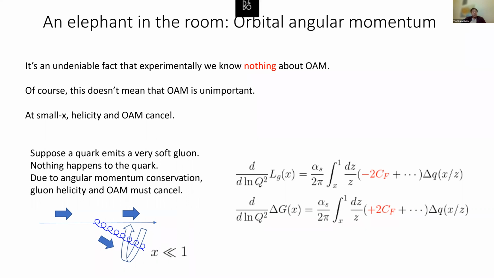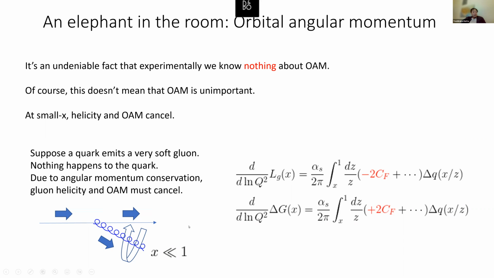So here's a very simple argument. Let's imagine that there's a very energetic quark traveling at the speed of light, as you can see in this cartoon. And this quark emits very soft gluons, with momentum fraction x very small, like 10 to the minus 3.